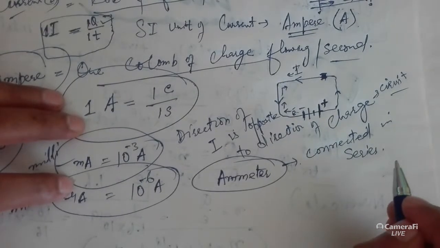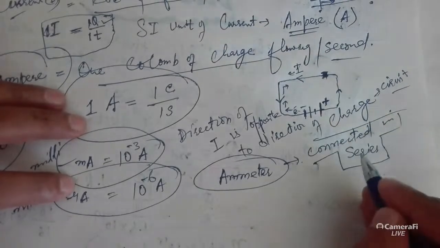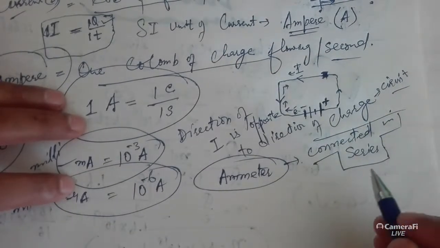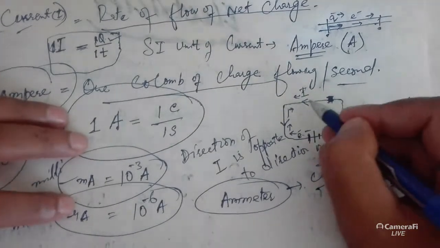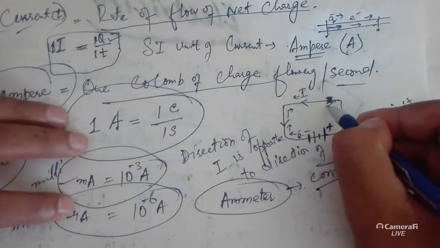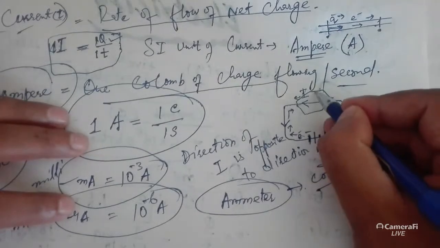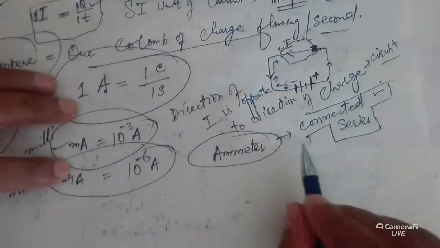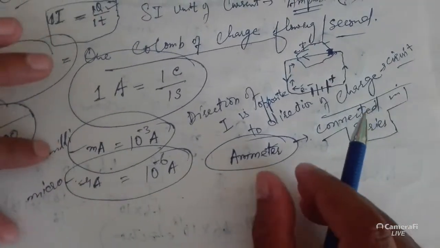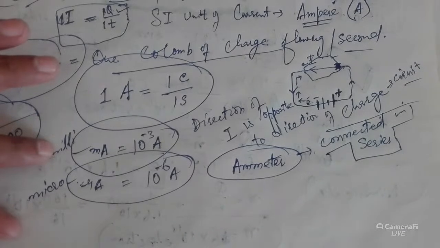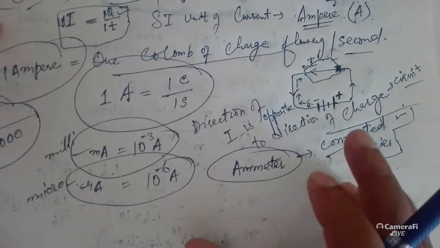So what is series? This we will come to know in the proceeding part of our lecture. Sometimes we are keeping things in series, in the same way sometimes we are keeping them in parallel. That we will come to know. But whenever we want to calculate the current, the ammeter will be connected in series with our circuit. Okay, so it has a low resistance.